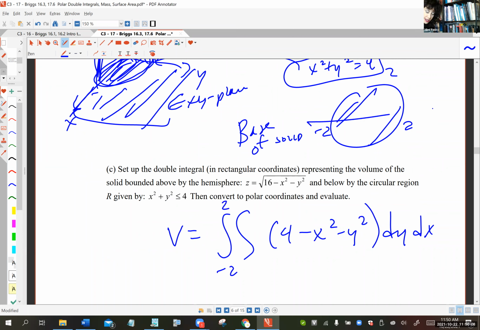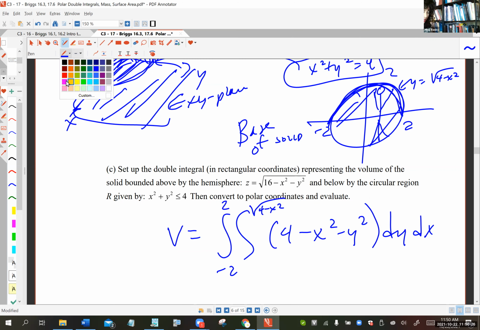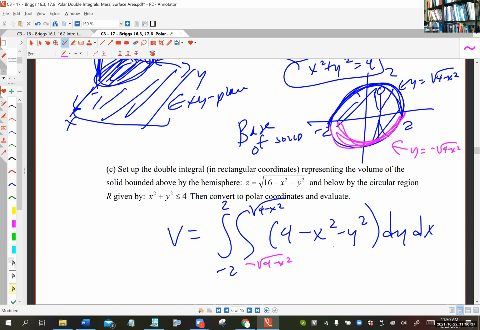And then y, if you put your little man here, and you solve the circle equation for y, the upper limit is the little man's head. That's y equals positive square root of 4 minus x squared. And the little man's feet are on the bottom semicircle, which has the equation y equals negative square root of 4 minus x squared.